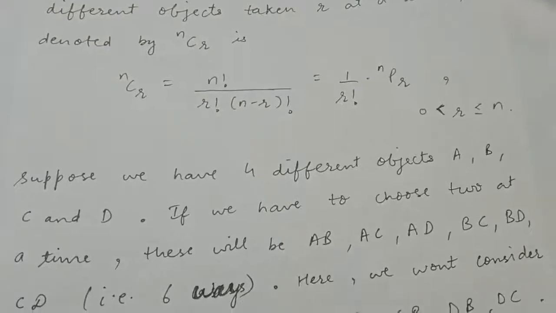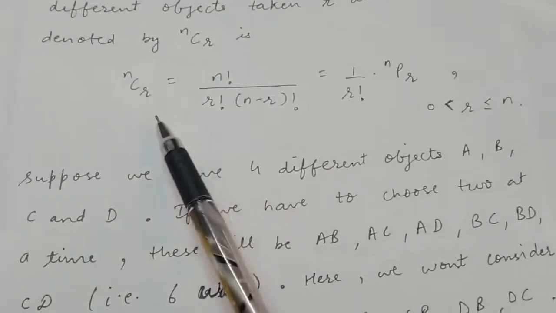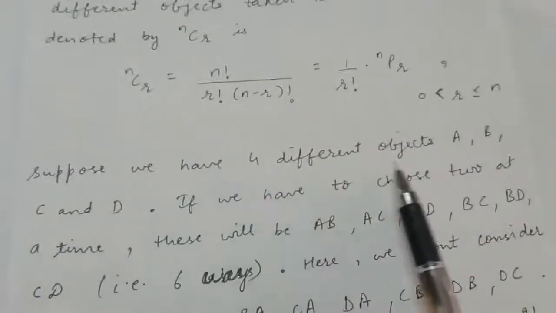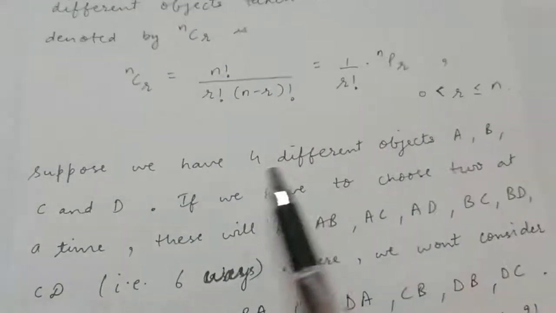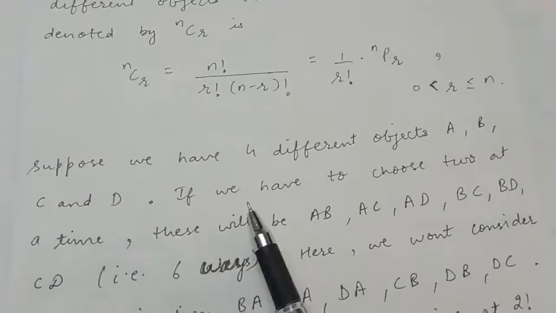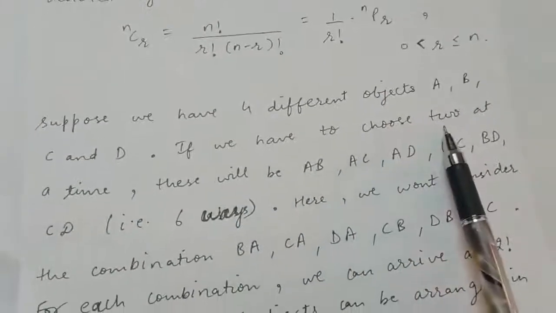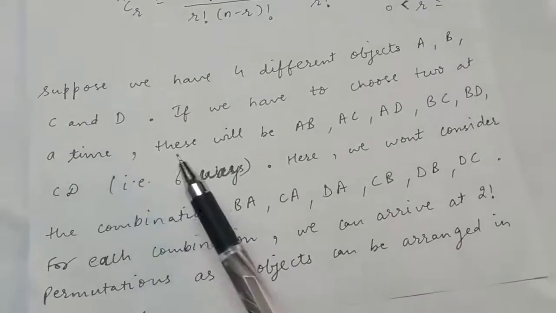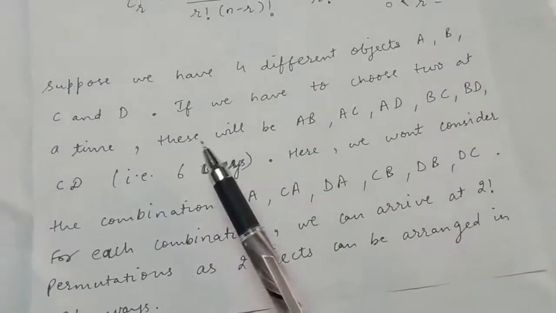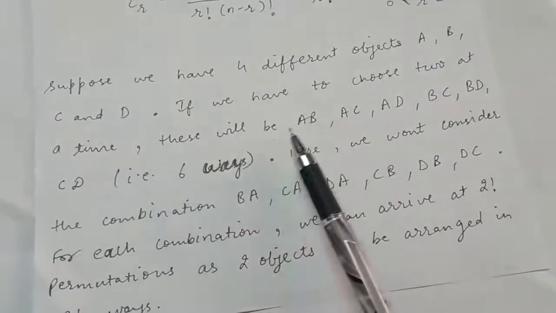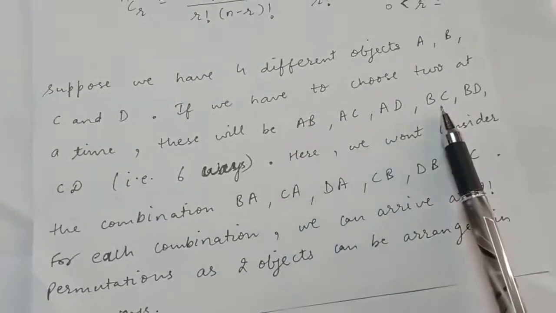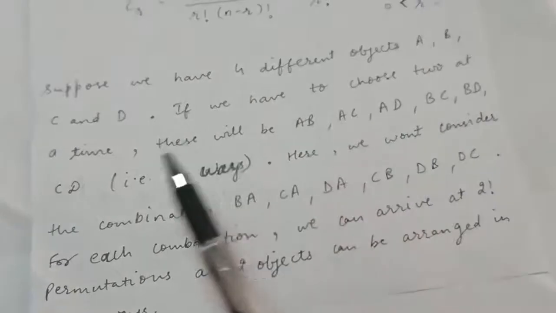Let us take one example to understand why the formula of combination is given by this, right? Suppose we have 4 different objects A, B, C and D. If we have to choose 2 at a time, out of these given 4 objects, then the options can be AB, AC, AD, BC, BD and CD.